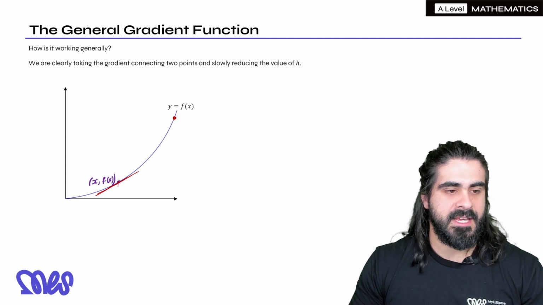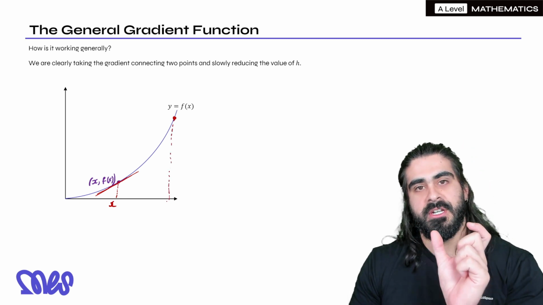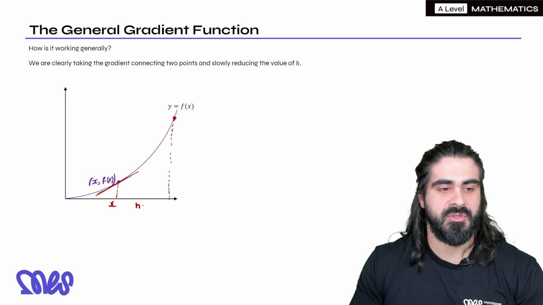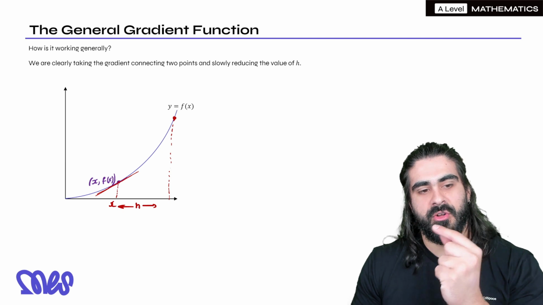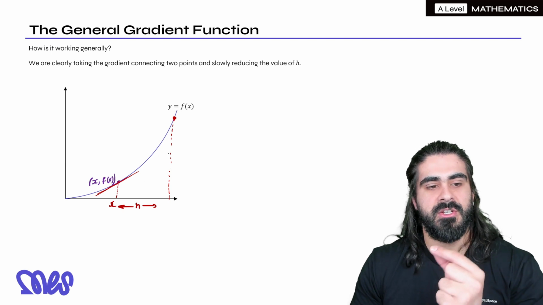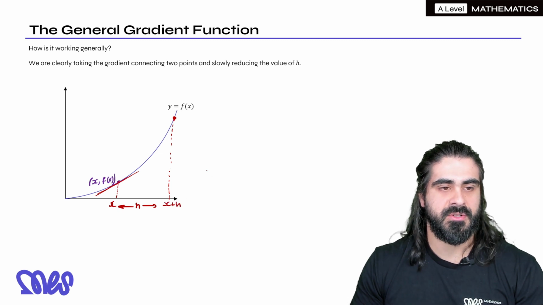If we look at the x value here and the x value here, we applied some small change in the x-axis and we used h to do that. We moved along to the right on the x-axis by some value h. So if the x value here is x and we add h, the x value here will be x plus h.